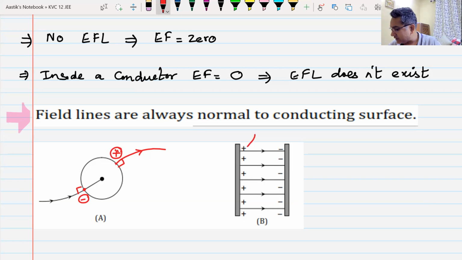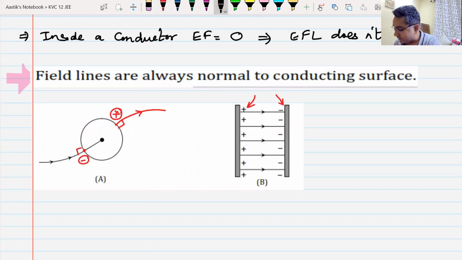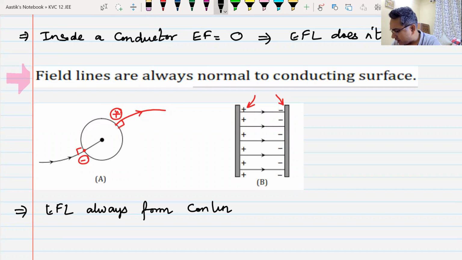Similar thing you can see here. They are coming out and they are going in, always going in or coming out normally. They are always continuous curves. So you also write this: electric field lines always form continuous curves. They cannot end abruptly.